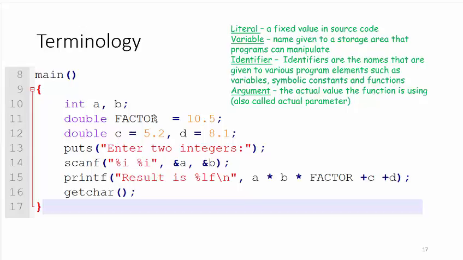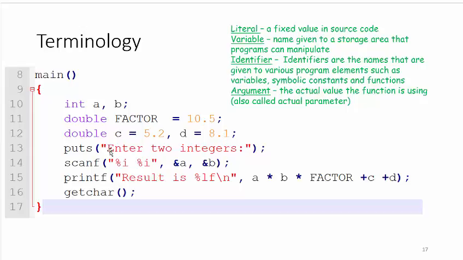An example of a literal is 10.5 because factor is literally 10.5. Or another literal is 5.2. Or another literal here is 8.1. These literals happen to be of data type double versus integers, so they can have a decimal point.